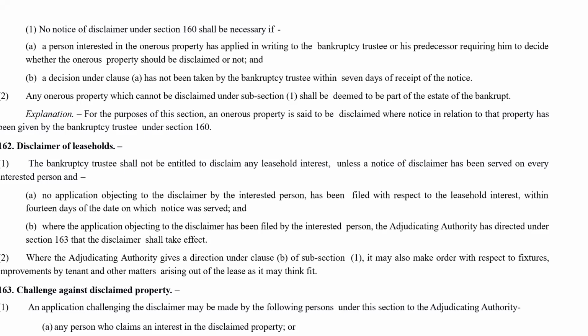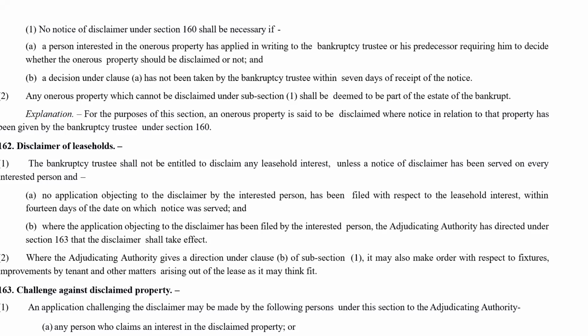Where the adjudicating authority gives a direction under clause B of subsection 1, it may also make an order with respect to fixtures, improvements by tenant and other matters arising out of the lease as it may think fit. So this is something similar to the illustration which I have given in the case study. Cinema hall being run on lease and there is a canteen contractor. So he has put some fixtures or improvements. Now the adjudicating authority will decide what will happen to those things.